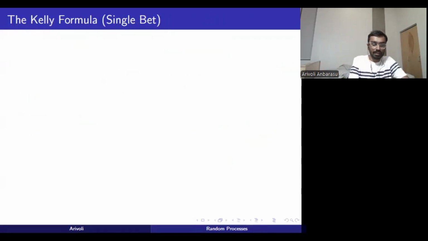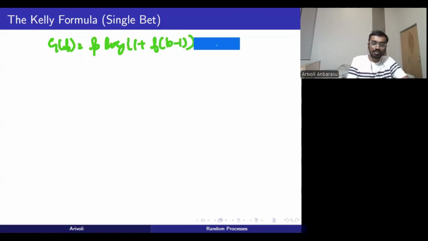So we have the expected growth rate g of f equal to p times log of 1 plus f times (p minus 1), plus 1 minus p times log of 1 minus f. To grow our wealth over time, we want to maximize this growth rate.